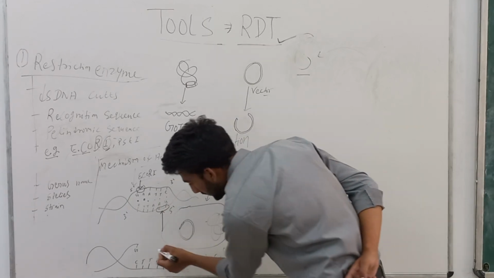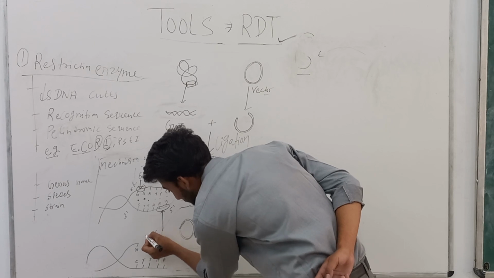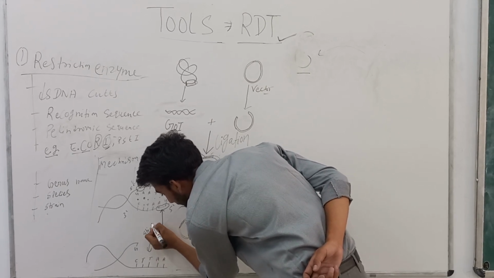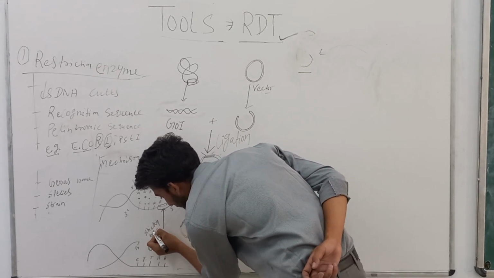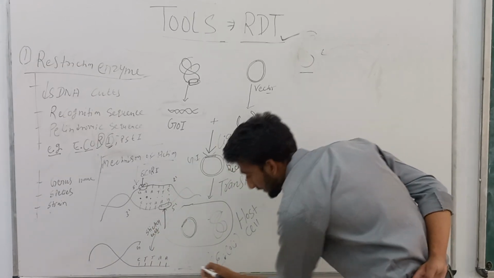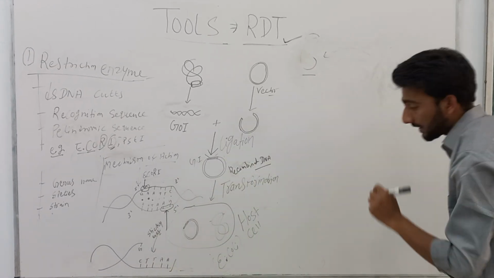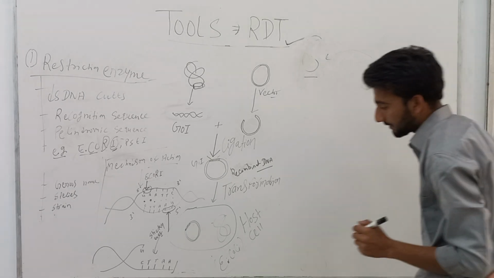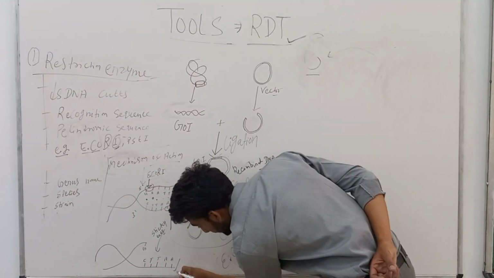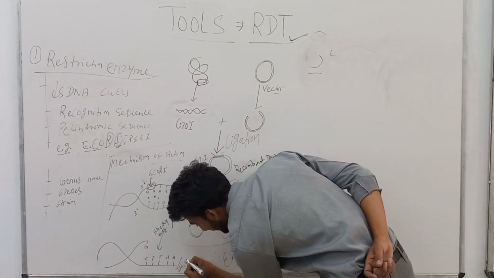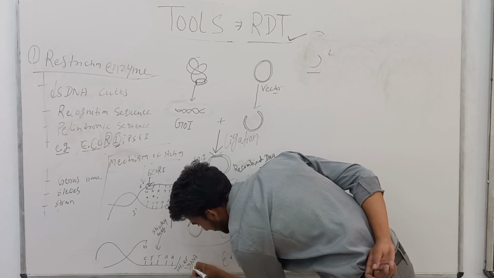It will produce those two same sticky ends, and this is our fragmented gene of interest. We call this the desired DNA.